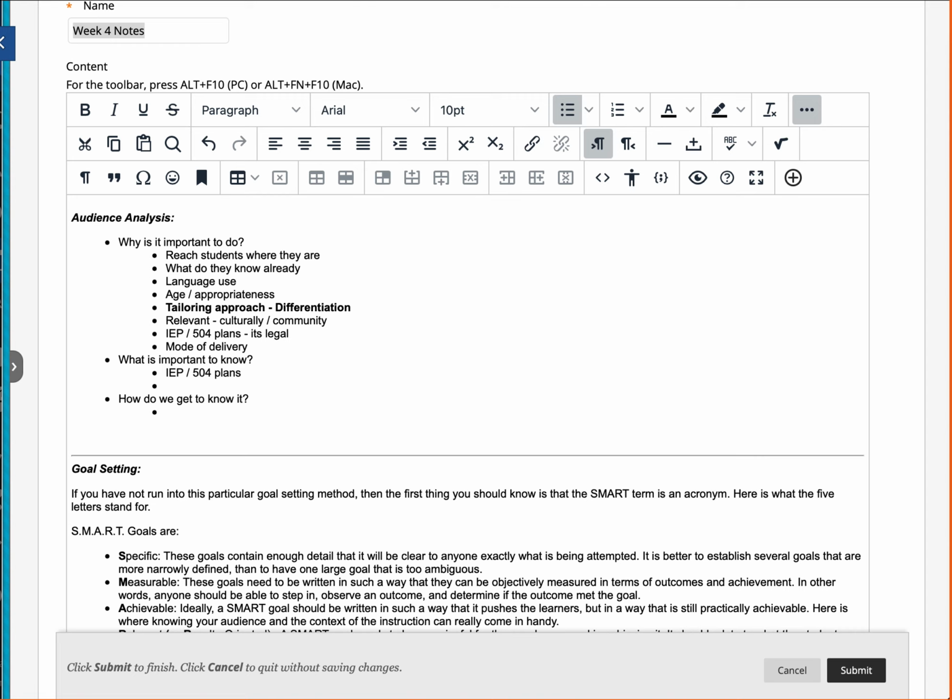So this is now more of what is the actual data that we need to know. In order for us to get to those things that are important, what kinds of data would you want to gather from or about the students, beyond their IEPs and 504s? What other information would be good to have?